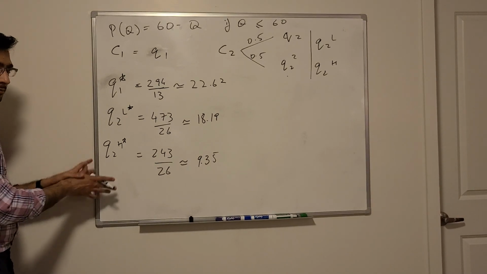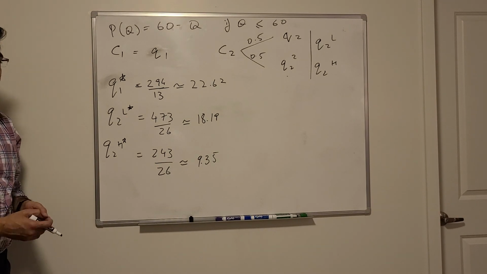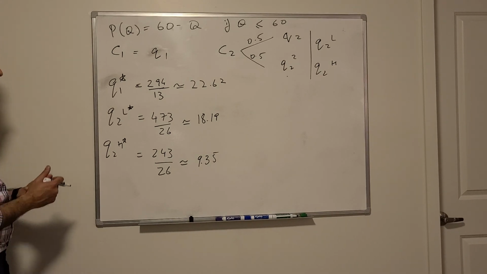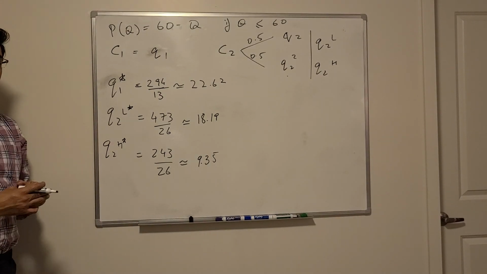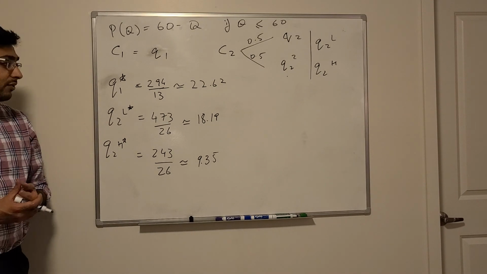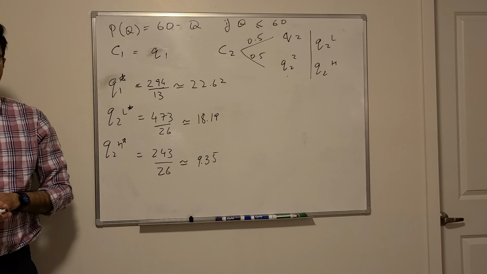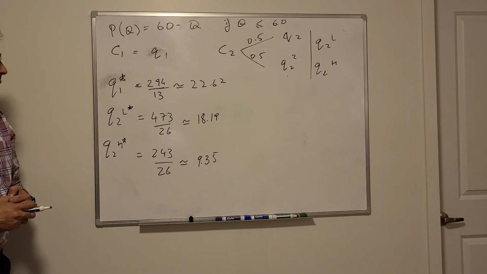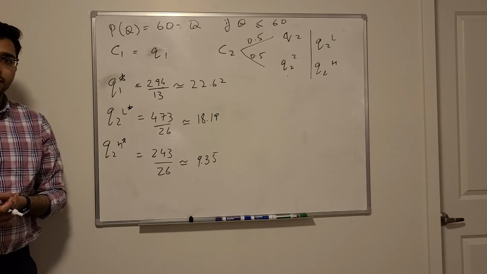So the firm 2 that has the higher cost is actually benefiting from the chance that it might have a lower cost, and the firm 2 that has the lower cost is losing out by being lumped in with this other firm. And so that's an interesting dynamic that plays out here.